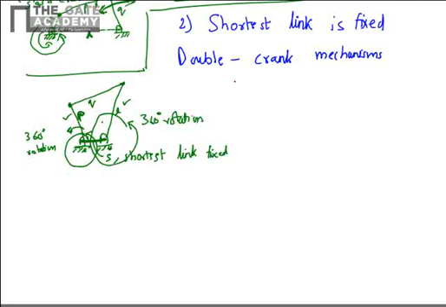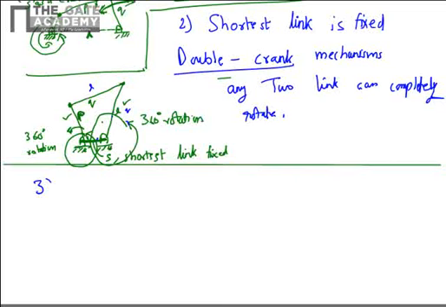So that's why this is called a double crank mechanism, because you have two cranks here. It may not be necessary that the longest link should be adjacent to the shortest link. The longest link can be this one, or it can be an intermediate link. But just by fixing the shortest link, you will get a rotational motion of two links that completely rotate. And that's why it's called a double crank mechanism.